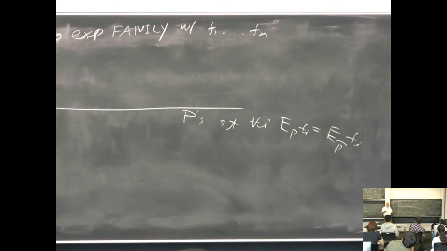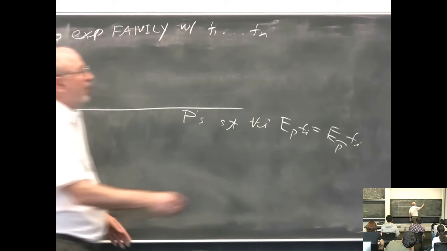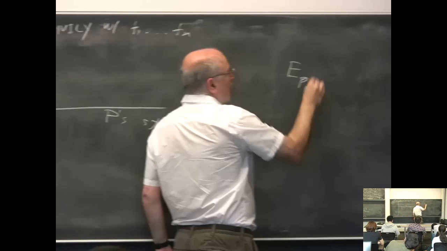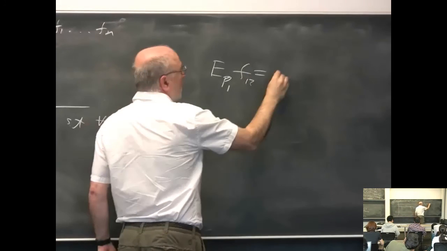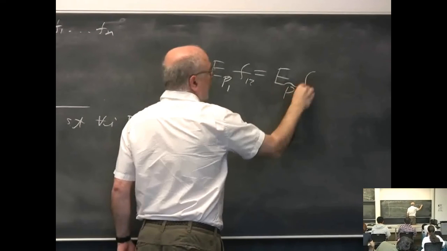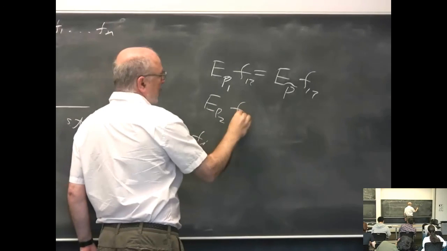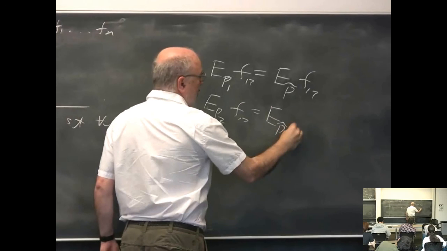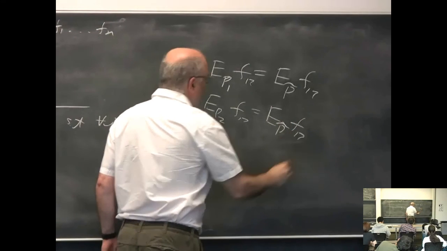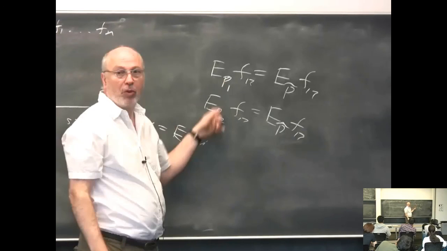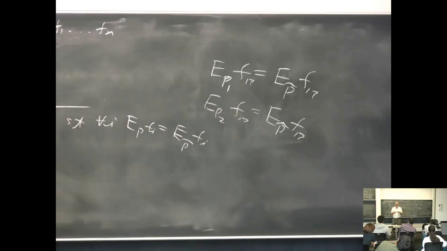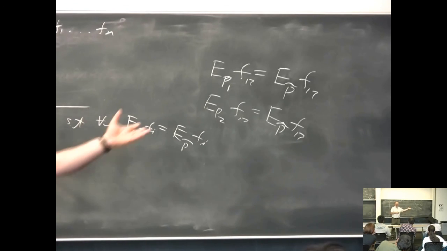Because if you take two distributions, P1 and P2, that satisfy the constraints, so that the expectation according to P1 of some F17 equals what we want it to be, the expectation according to P twiddle of F17, and if the expectation according to P2 of F17 is also equal to what it should be, then any linear combination of P1 and P2, because expectations are linear, would also have the same expectation for F17.